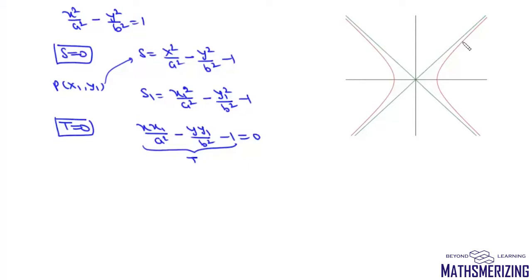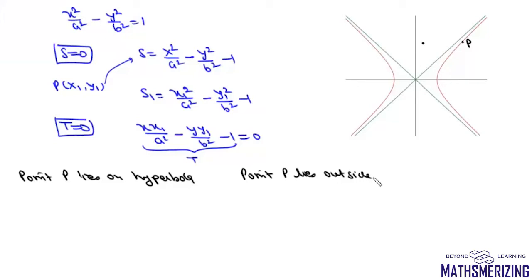This point, it may lie on hyperbola. So this point P lies on hyperbola, or point P lies outside hyperbola, or this point P, it may lie within any one branch of hyperbola.